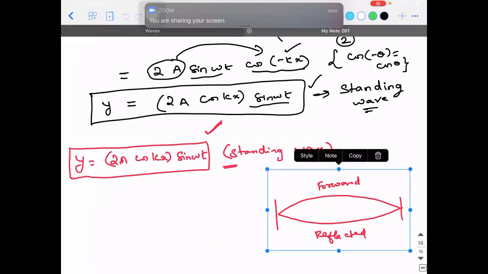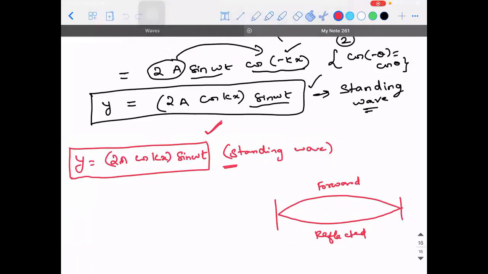Now, there are certain points which have no amplitude. These points are called nodes, N-O-D-E-S. And there are points where the distance between the forward and the reflected wave is maximum. Those points are called antinodes.